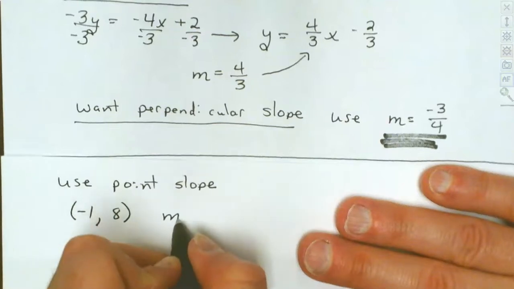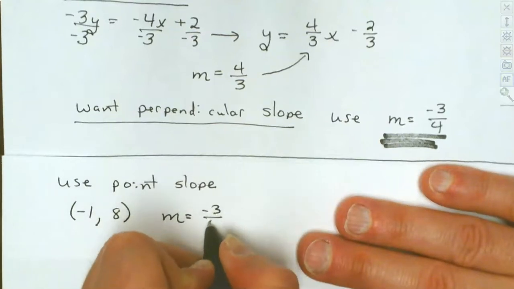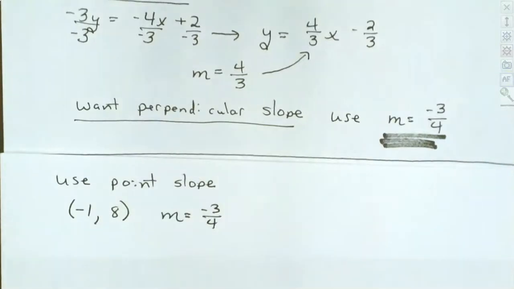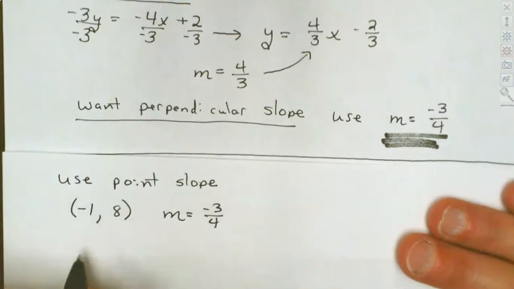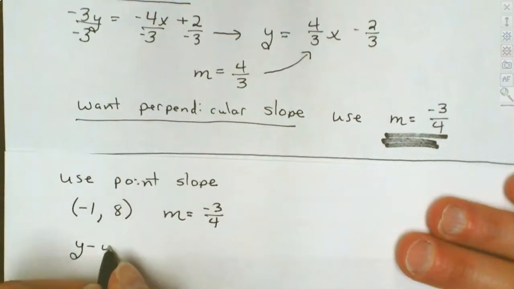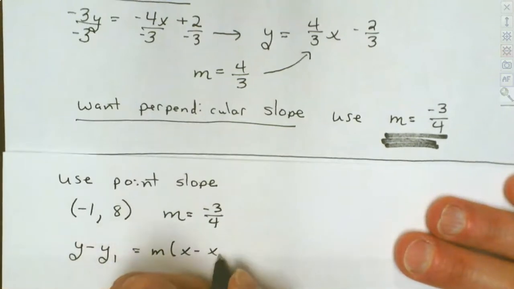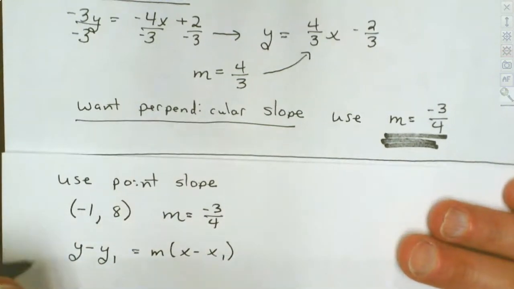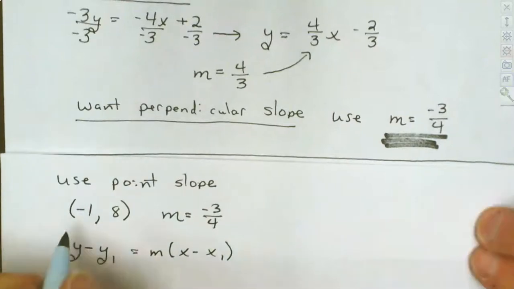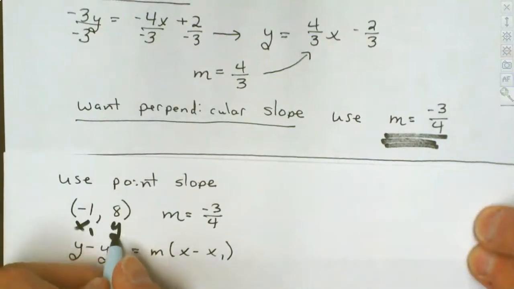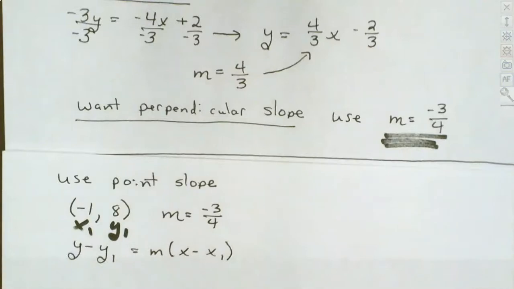And we're going to be using that slope of minus 3/4. So go ahead and fill these in. y minus y1 equals m times x minus x1, and our ordered pair is x1, y1 here. So those will get filled in.